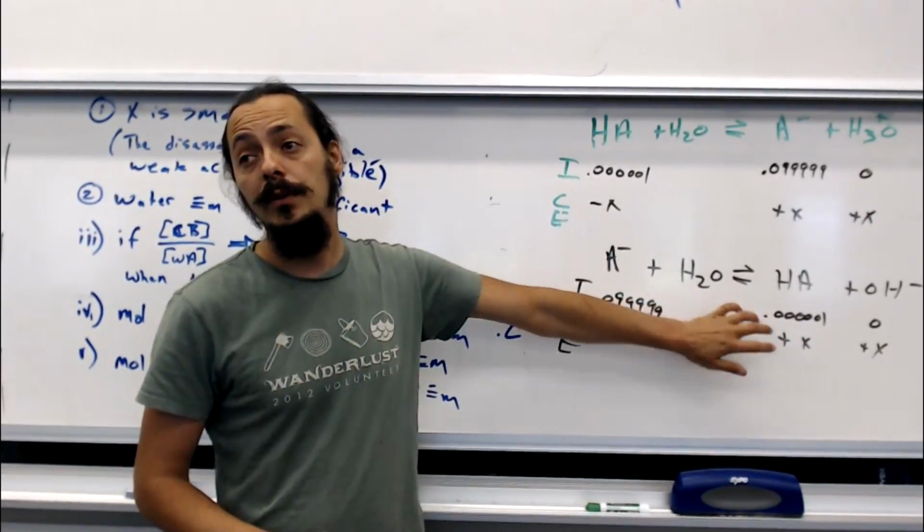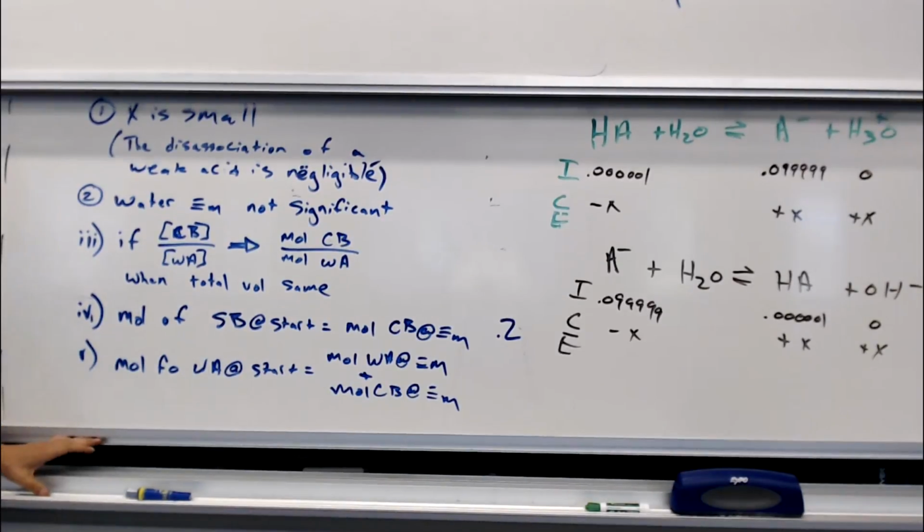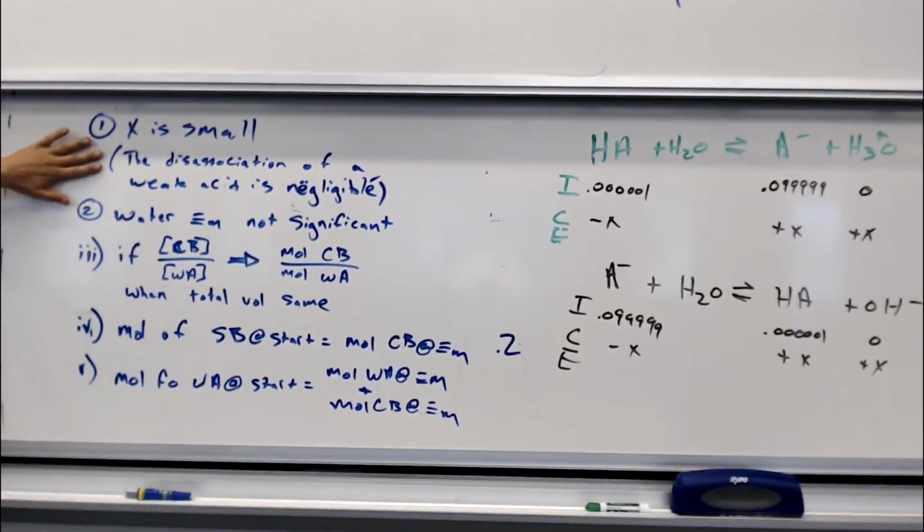Is that because the Ka... I'm just slightly confused how you know that the X would be... I'm estimating, right? Without a particular acid to look at, without other information. But one of the things to remember is that the Henderson-Hasselbalch equation has the X is small approximation inside of it.